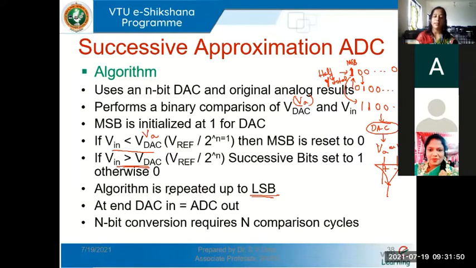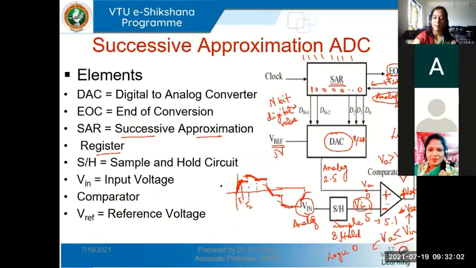At the end, the DAC input voltage will become almost equal to the analog input. So we know that whatever digital bits are here, these bits are the actual output bits of the ADC. So this would be the analog to digital converted output.